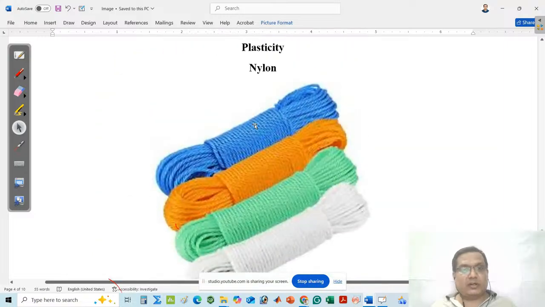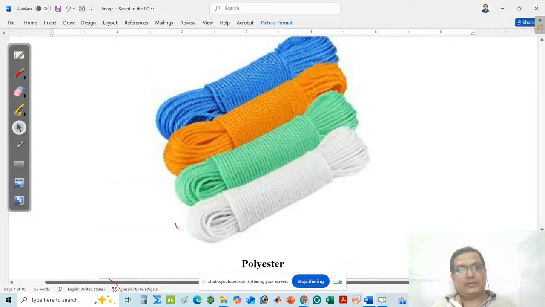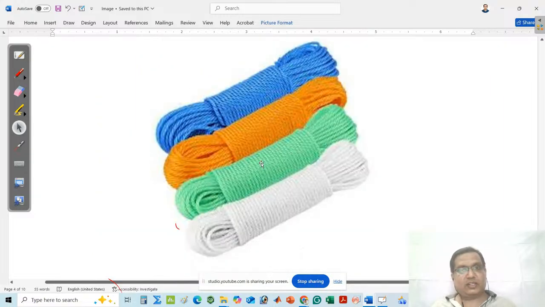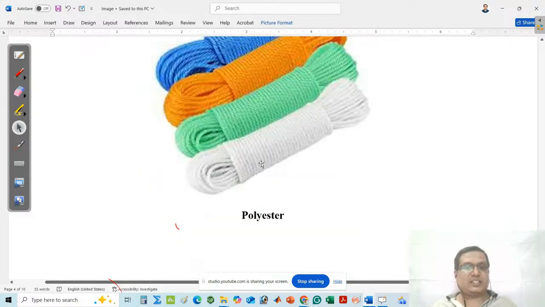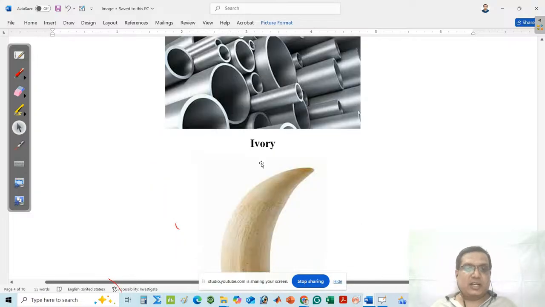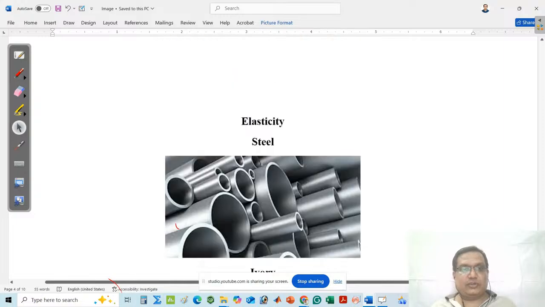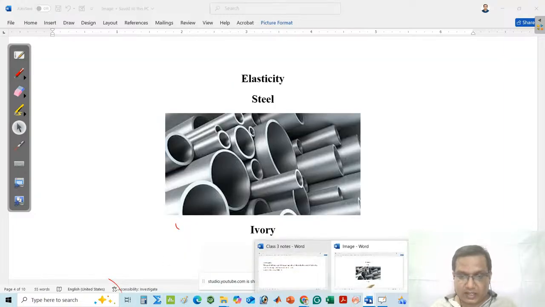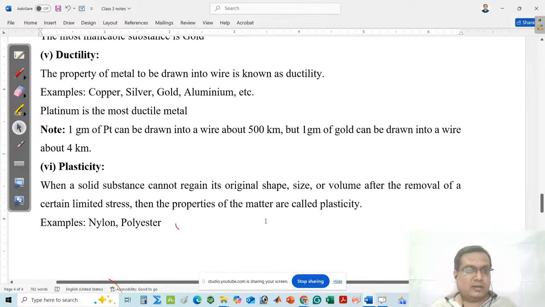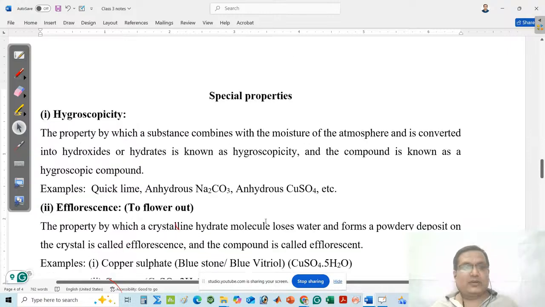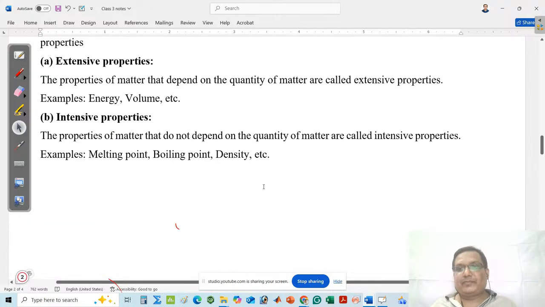So nylon and polyester are said to be plastic substances, and the property is said to be plasticity. On the other hand, steel, ivory, and glass show elasticity. These are some special properties of matter.